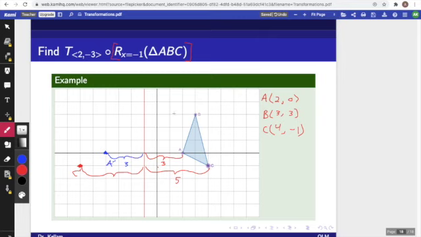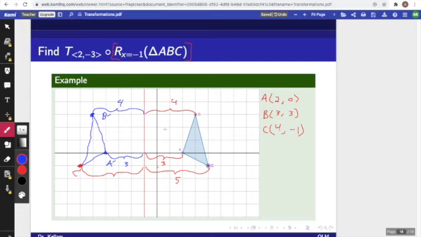And then B, we're going the distance of 4, which means we're going to do a distance of 4 over here, giving us B prime as that. So that triangle, give or take.